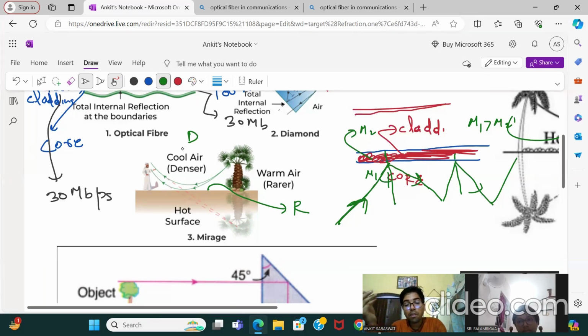If the temperature is very high, the air molecules are spread far apart. If you increase the temperature, the medium becomes rarer. Clear? If you decrease the temperature, all the molecules come very close. Then it becomes denser.